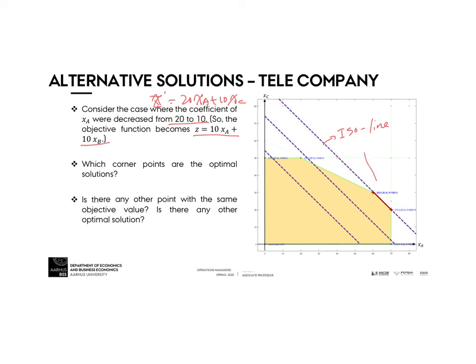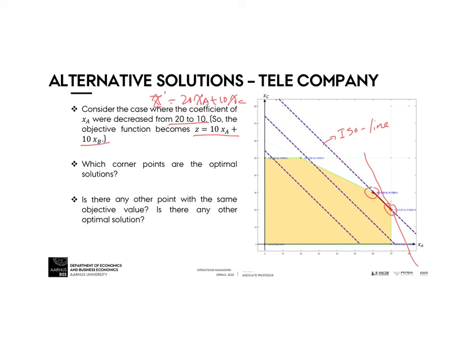The previous one probably is like this, just passing the optimal solution 70-20. So now your objective function is parallel with one edge of your feasible region. So now you can see both points 60-30 and 70-20 give you the optimal solution.